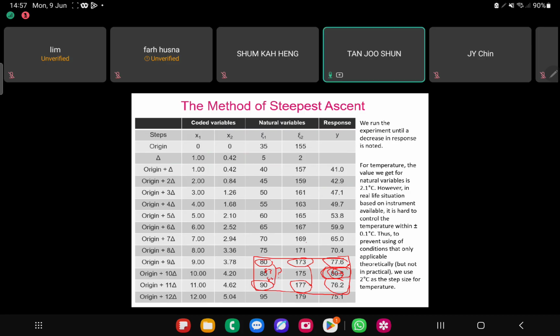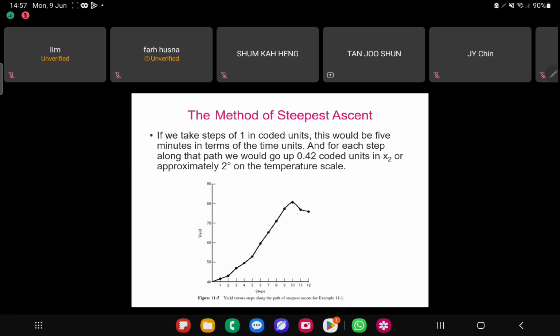Then you will select this range to run the response surface methodology, run the optimization. Like just now, step one, step two, you keep on increasing. Now until here, I know that this range is where the optimum point definitely will be, somewhere in this range. Yeah, this is the function of the method of steepest ascent.